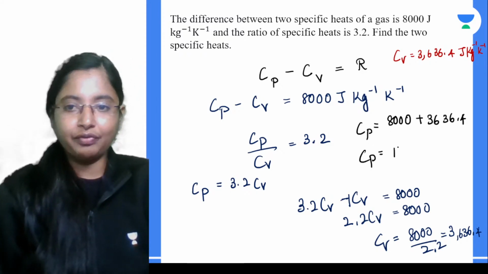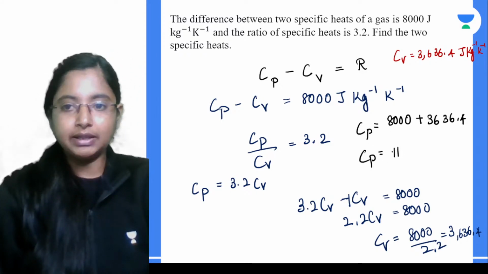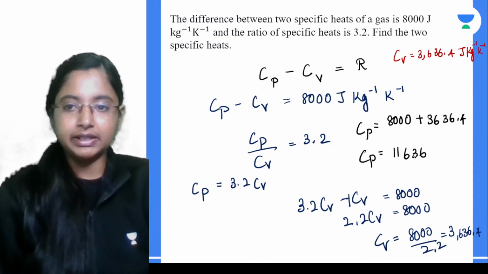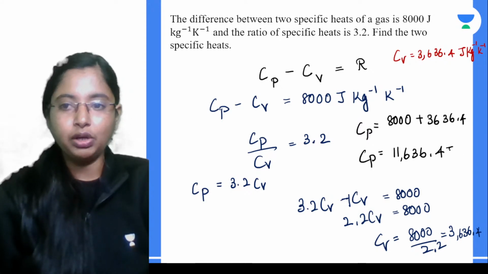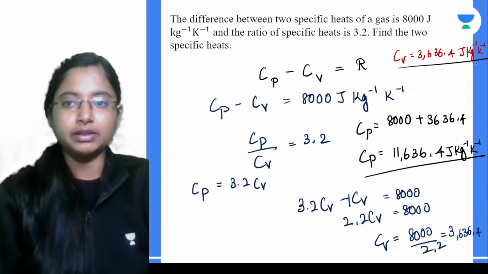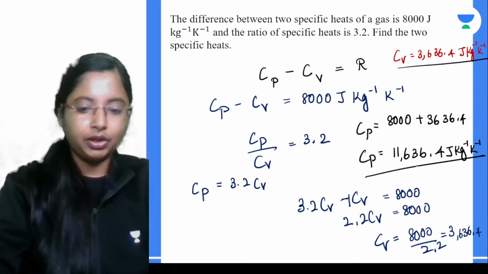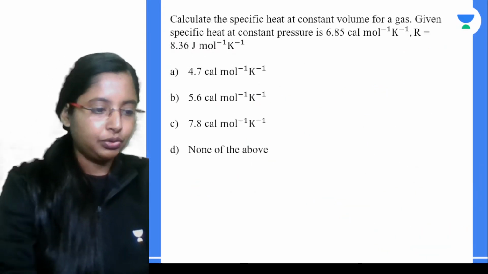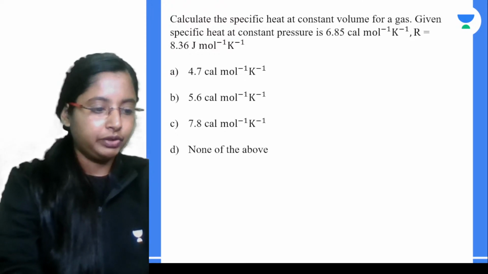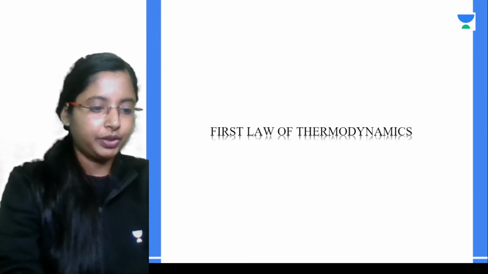That gives you somewhere around 11,636.4, I'll stop with this, joules per kilogram per Kelvin. These are the two answers. Very simple one. Now let's do the next question. This one I did. Now you can try doing this question over here.